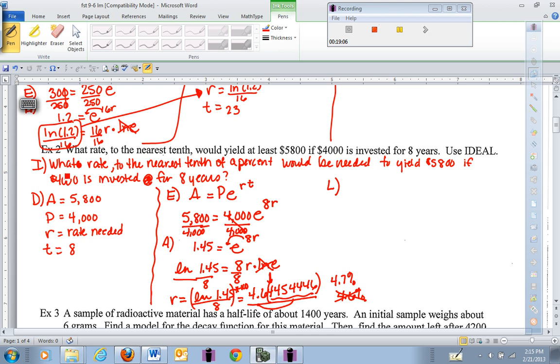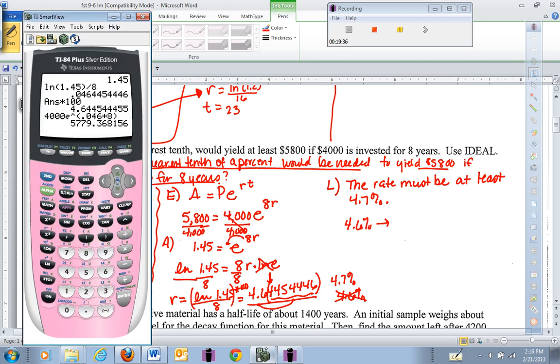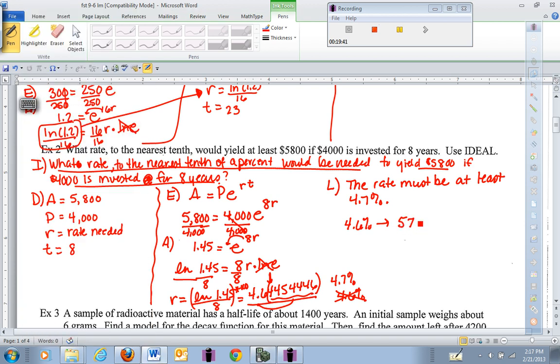So when we answer the question, what rate to the nearest tenth of a percent would be needed to yield this amount in 8 years? We would say the rate must be at least 4.7%, not approximately, but at least. Because remember when we did 4.6%, we only had $5,779.37.